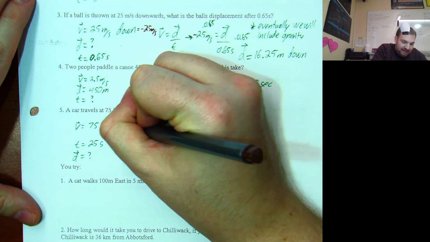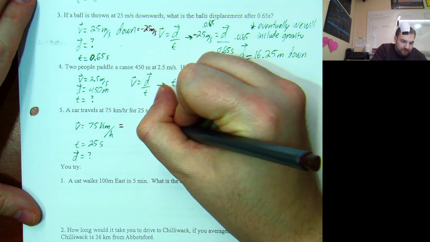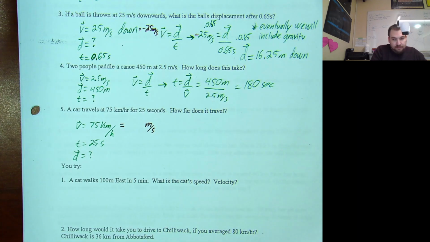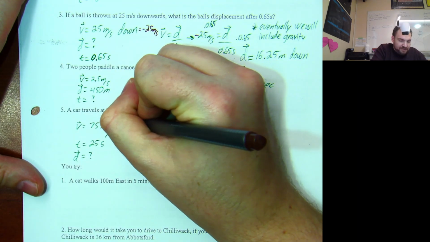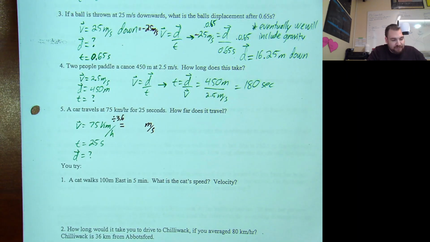So we're going to take this thing, and how do we go into meters per second? Divide is correct. Divide by 3.6. Cool. So what's 75 divided by 3.6?